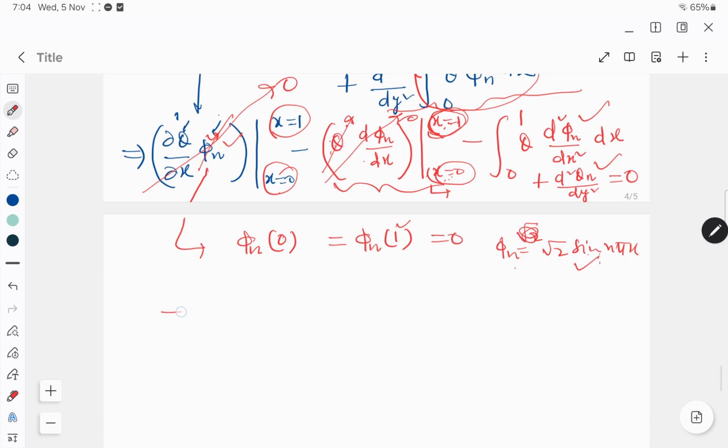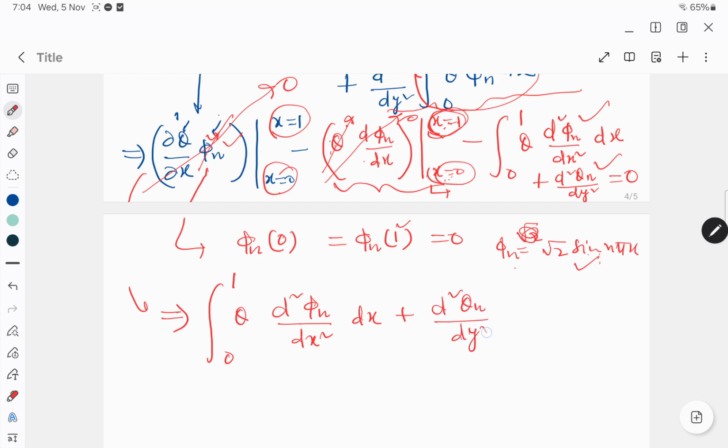So writing this, this implies this equation further: theta, d2 phi n over dx square, integral 0 to 1 dx, plus d2 theta n over dy square is equal to 0.